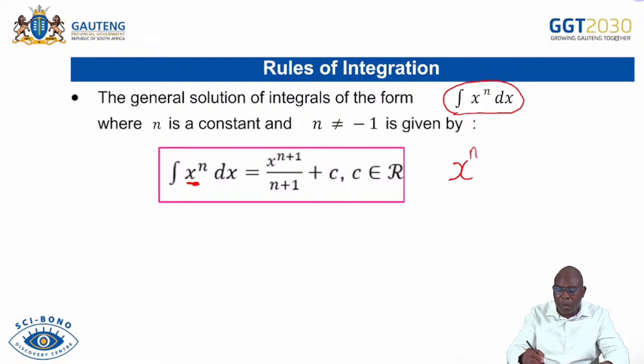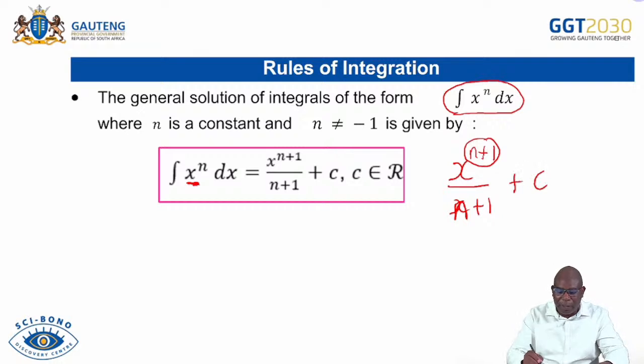What I'm going to do is add a 1 to the n. Whatever answer I get here, I'm going to divide that whole thing by that answer. So it's going to be n plus 1. Then I'm just going to add my c.